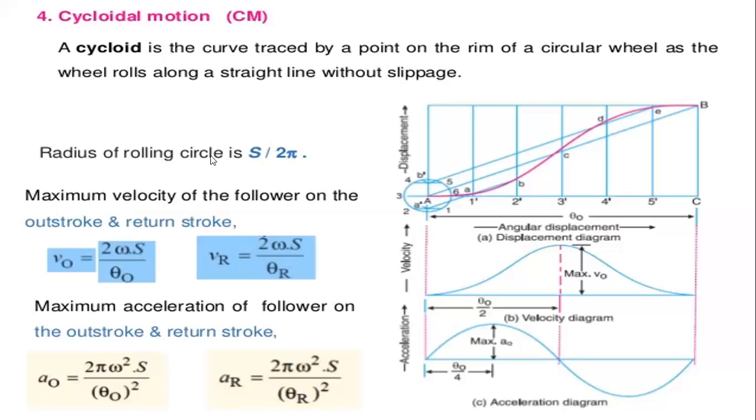It is given as the radius of the rolling circle. The rolling circle radius is taken as S by 2 pi, where S is the stroke, that is the length of the vertical line, divided by 2 pi.